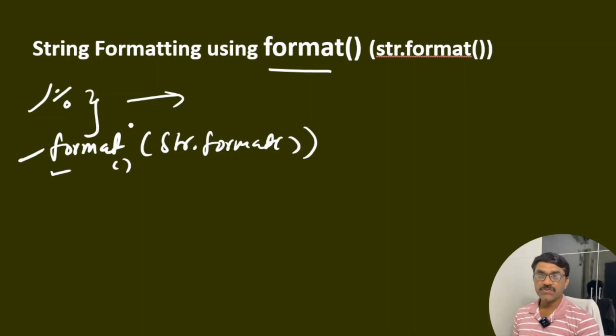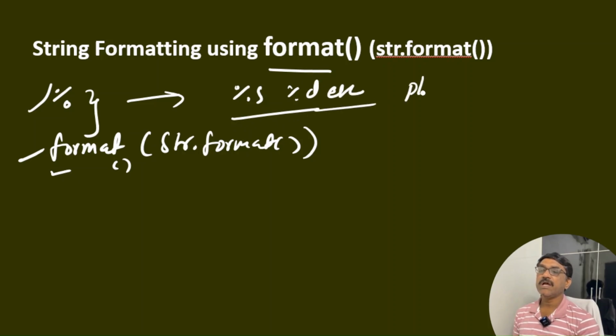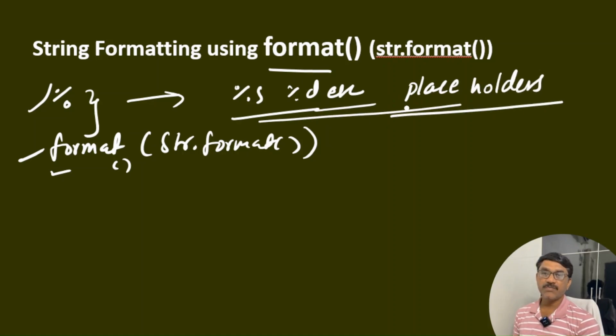While using percentage, we use percentage s, percentage d, etc. These we call placeholders. This is very, very important. We call these format specifiers placeholders, where we are going to insert an object.